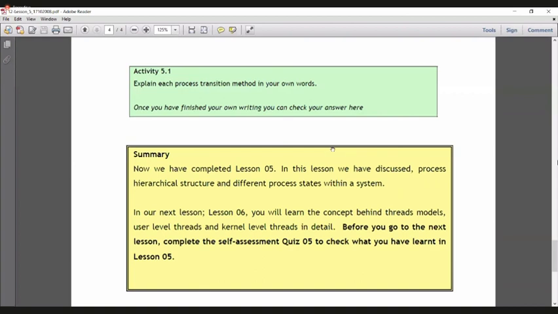Earlier operating systems used these process concepts, process hierarchy, right? We learn what is a process and what is a thread. So for threads, you have user level threads and kernel level threads. Before you go to the next lesson, complete this process.